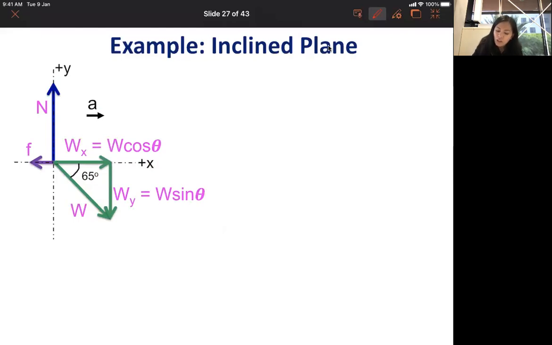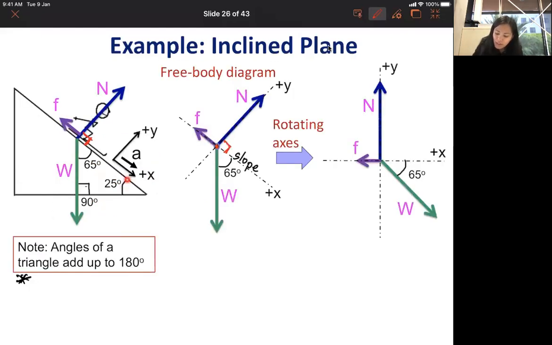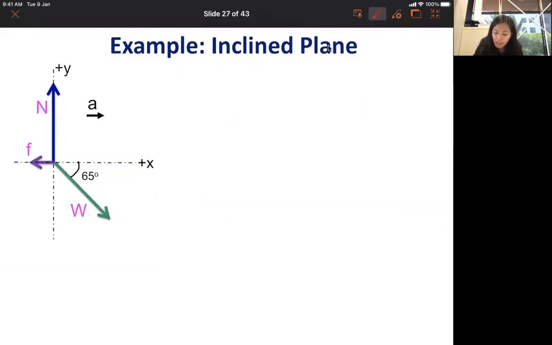You can see the logic here of why, instead of using this 25-degree angle for the slope, we tried to find the angle between the weight force and the slope, because that angle is actually the angle between the weight force and the x-axis.